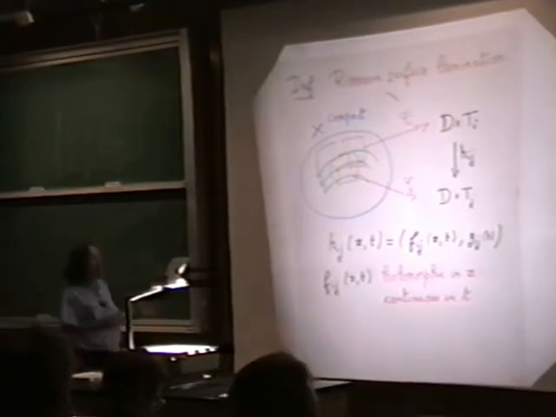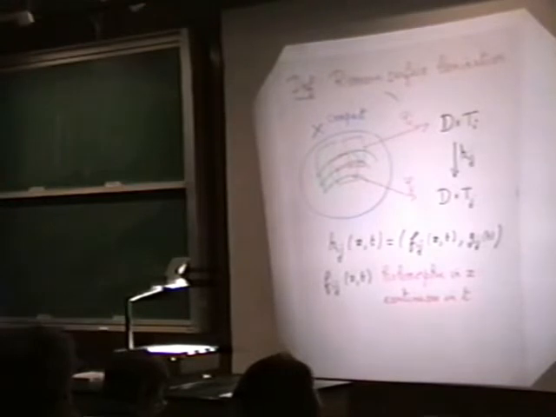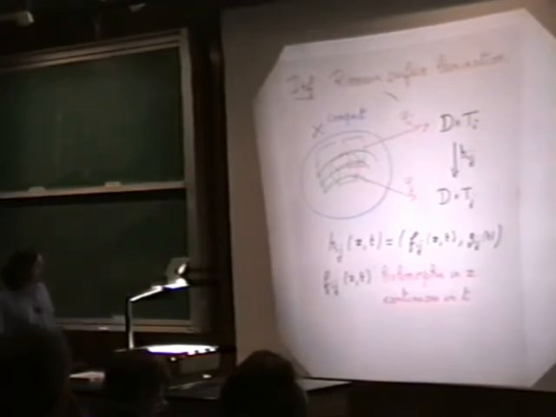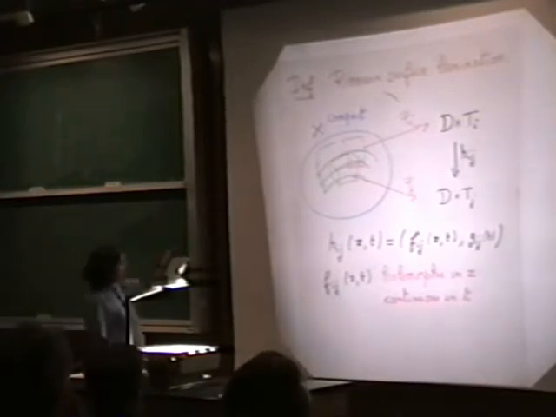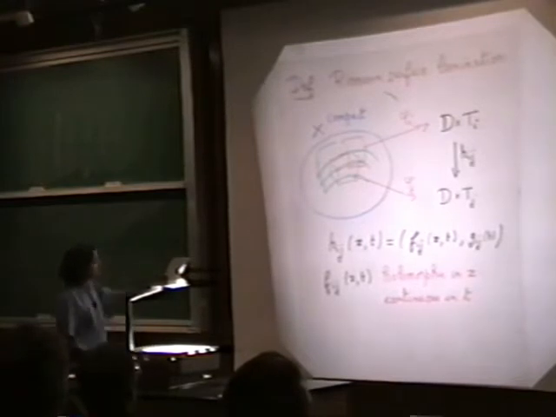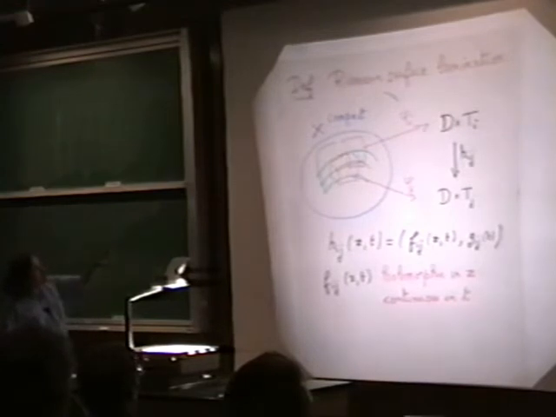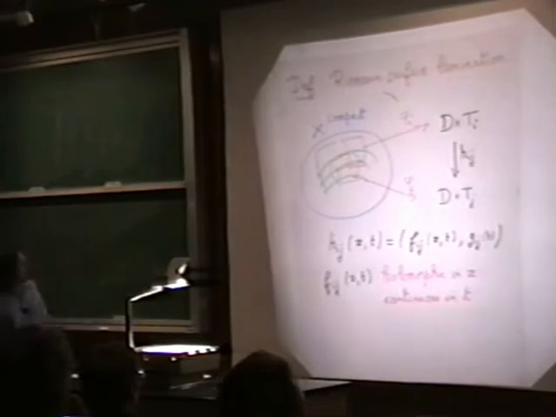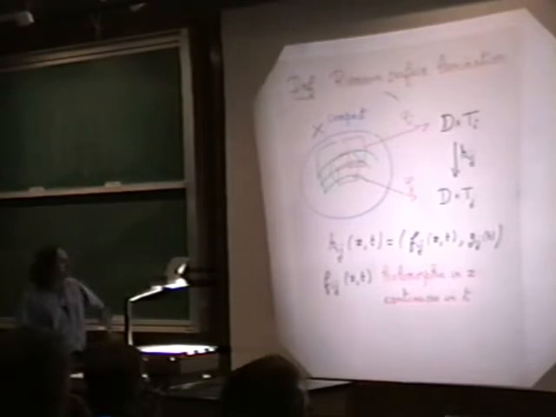I mean just a compact metric space X, which is filled by Riemann surfaces, the green leaves, with the property that you can cover the compact space by flow boxes, the red boxes, with charts phi_i, which go onto a product D times T_i. D is the unit disk in C, and T_i is some transversal locally compact metric space. And I want the change of coordinates h_ij to have the form which is indicated here.